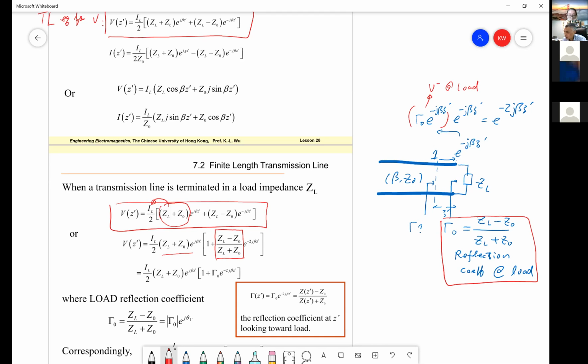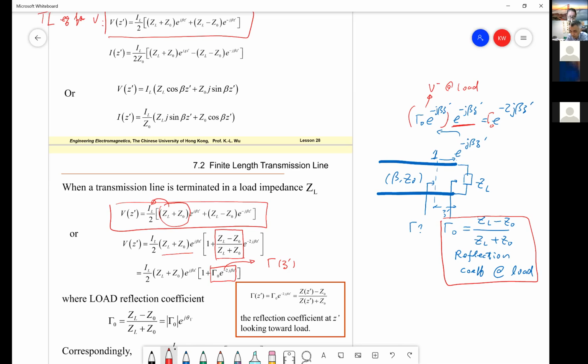V minus at the load travels this distance, so that's equal to this. Having understood this, now we can understand better what this is. This is just the reflection coefficient at Z prime. Is that clear?